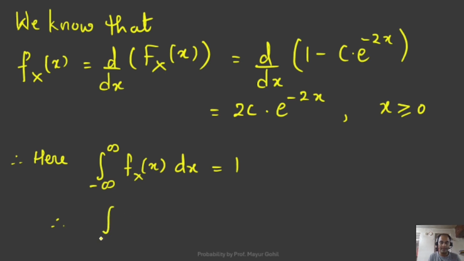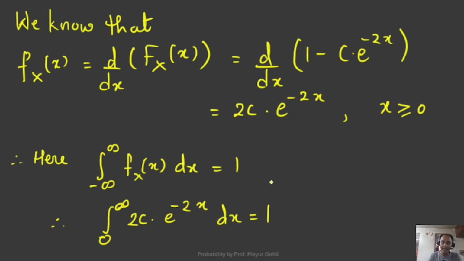But the interval is from 0, so 0 to infinity, 2 times c into e raised to minus 2x dx is 1.